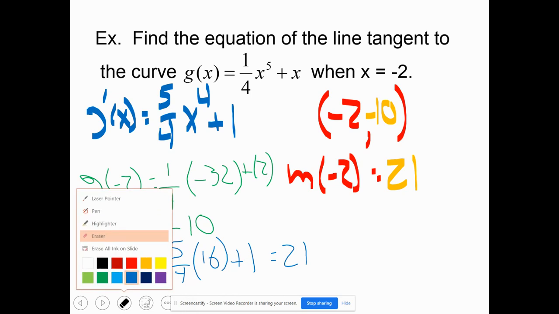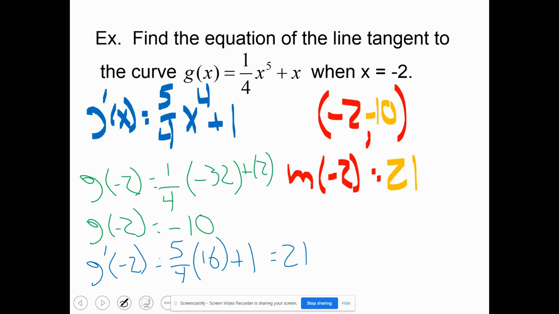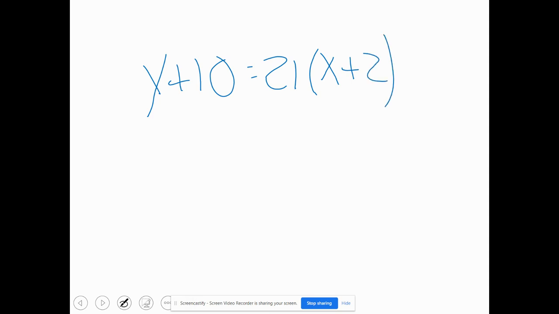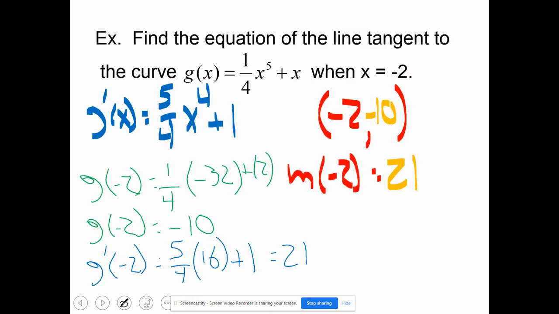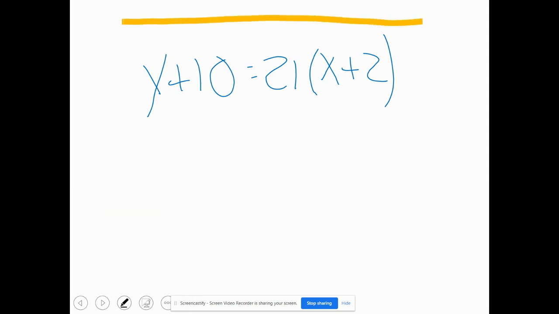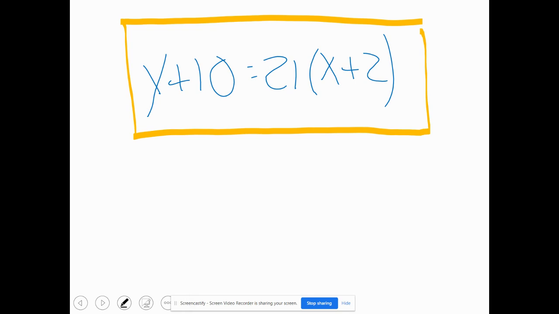Actually, I'll leave that on there for you. So y plus 10 equals 21 times x plus 2. -2, -10 was plugged in, 21 for the slope. And I hope you agree with me that that's a line that's tangent.